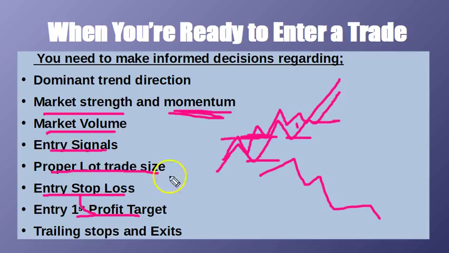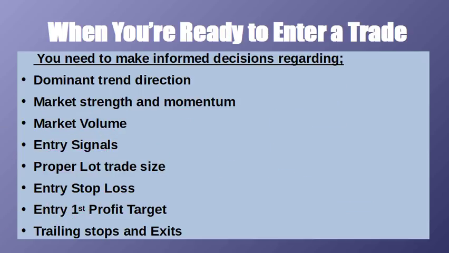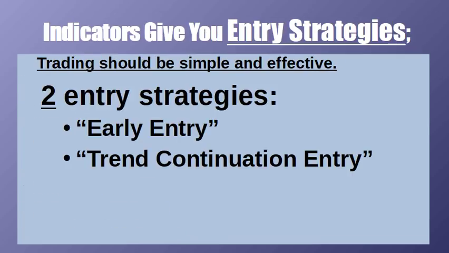So these are all the things that indicators can do. We use types of indicators to help you understand all this and make trading very easy, okay? And again, I just want to mention that we only have 2 entry strategies.